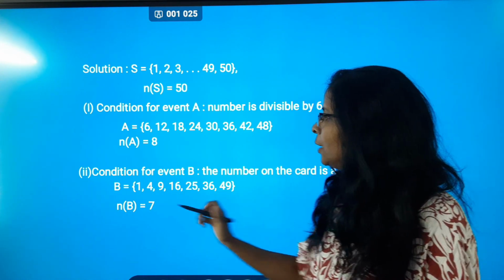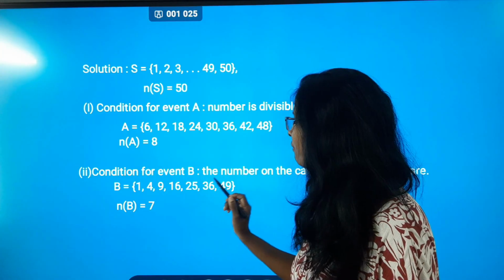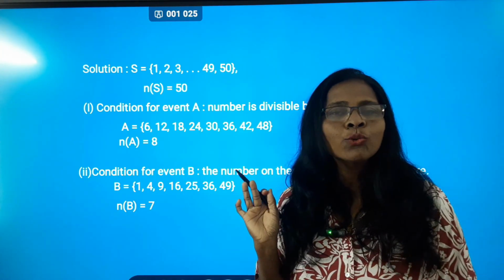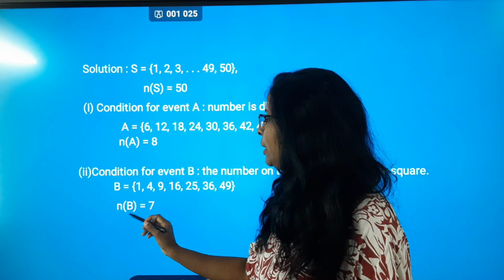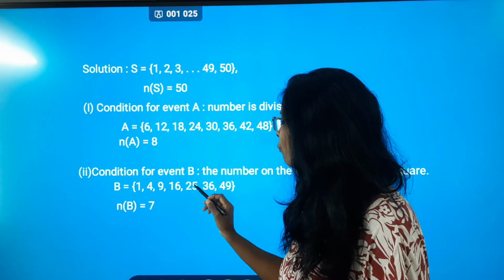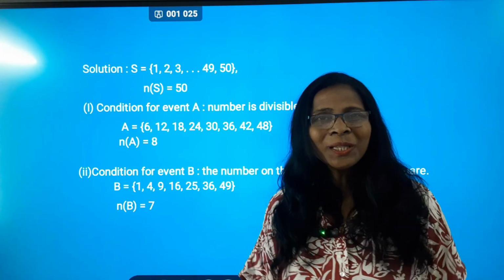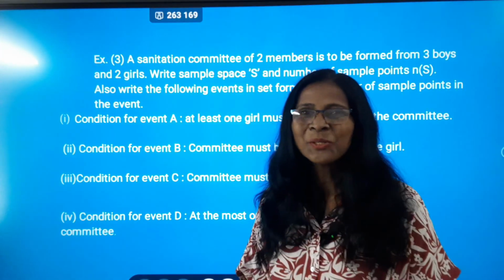So which are they? 1, 4, 9, 16, 25, 36 and 49. These are the only perfect squares. So here n(B) is equal to 7. See here, 1, 2, 3, 4, 5, 6, 7. Yes, in such a way we can solve the example, students. Very easy.